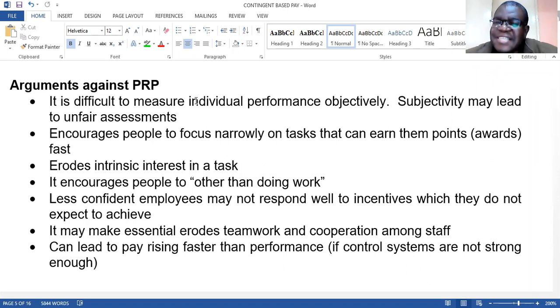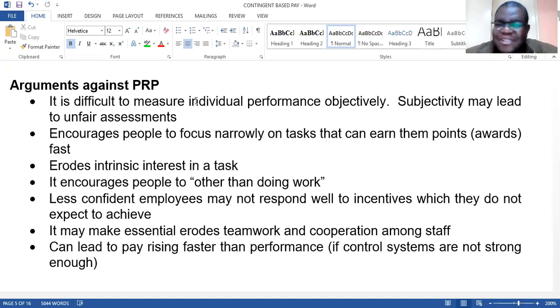When we roll out such a scheme, we encourage people to focus on narrow tasks, or your job description maybe has 10 items, but the objectives against which you will get rewarded are only 5. So everything you do, just focus on the 5. The other elements in a job description may be disregarded.